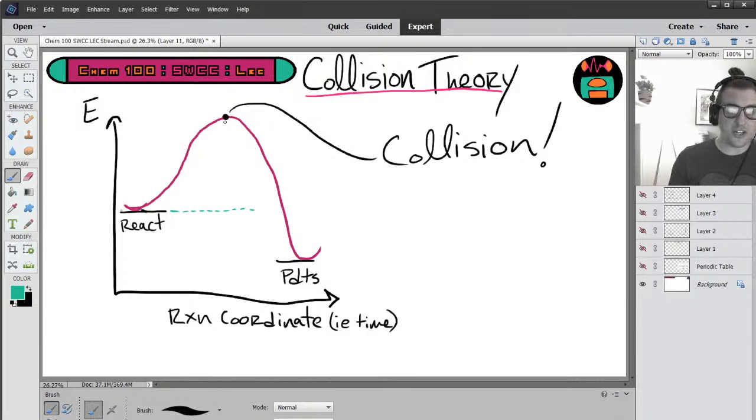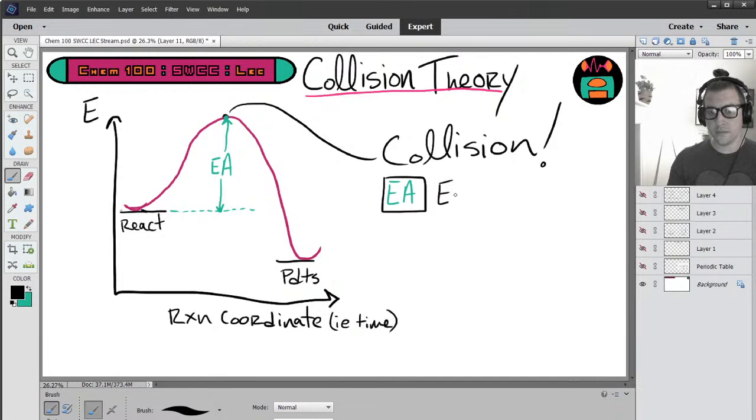The barrier to activation can be measured as the distance between the energy level of the reactants and the energy level of that relative maximum where your reactants collide. So this is our EA, and EA is our energy of activation.